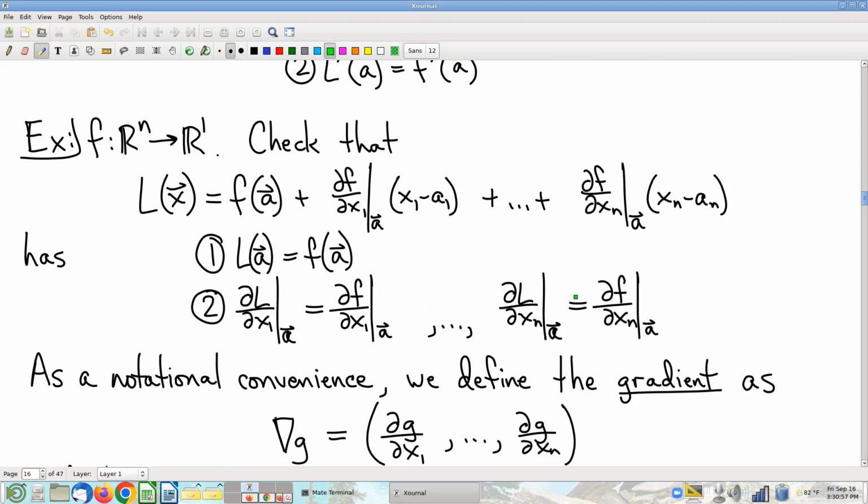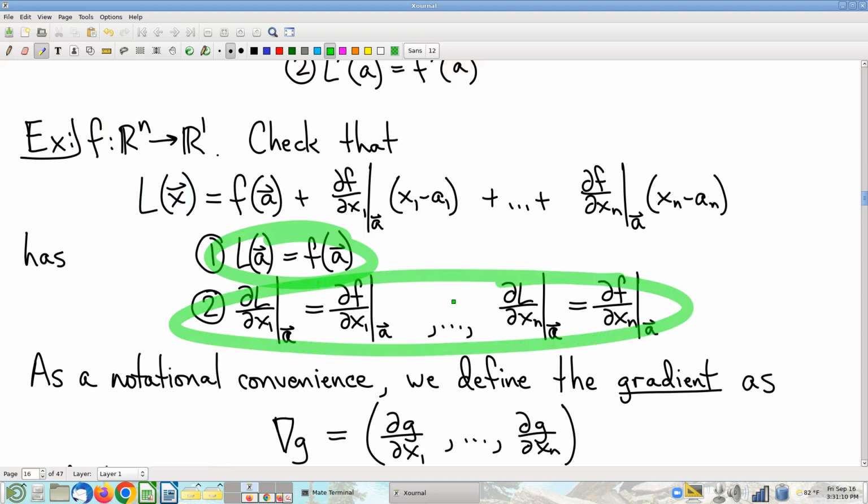I don't need to be able to visualize what the graph of a multivariable function like this looks like to be able to talk about whether there is a function that agrees in value and in derivatives. Now, there are several first order partials that I would want to agree.